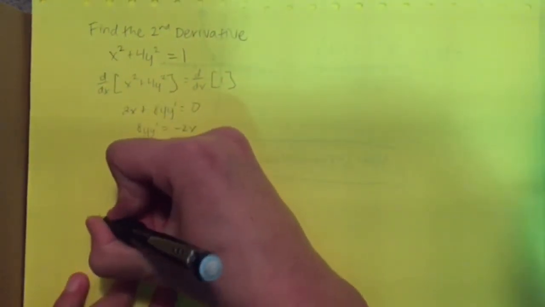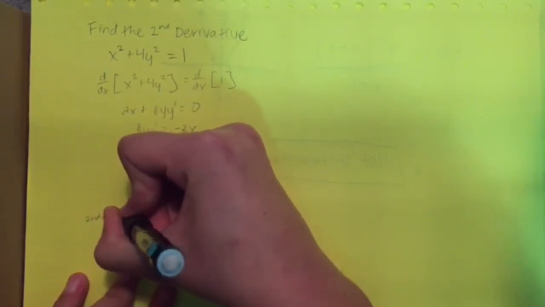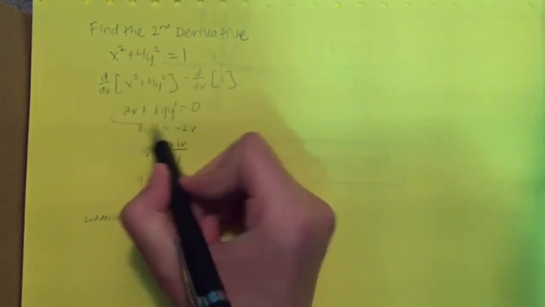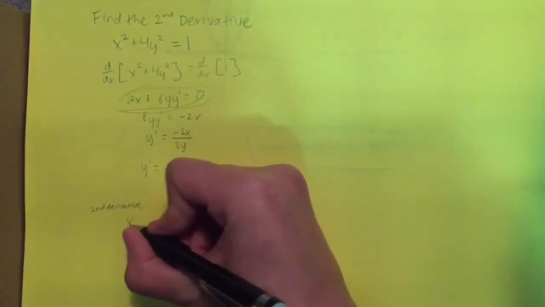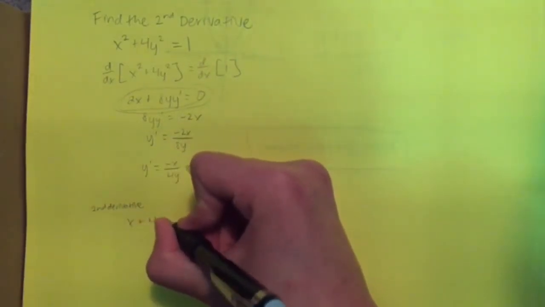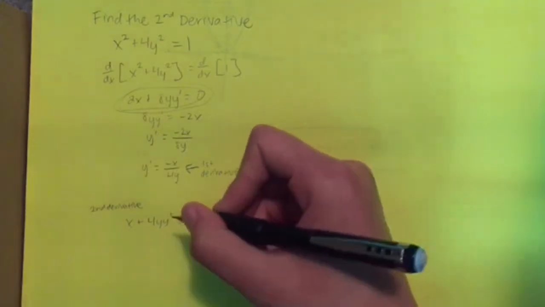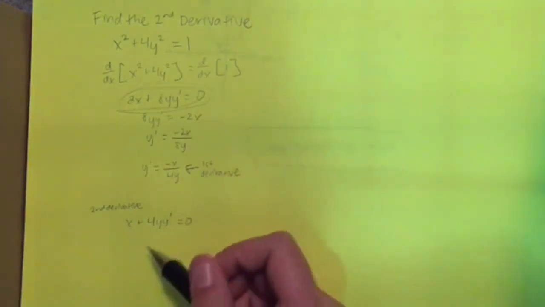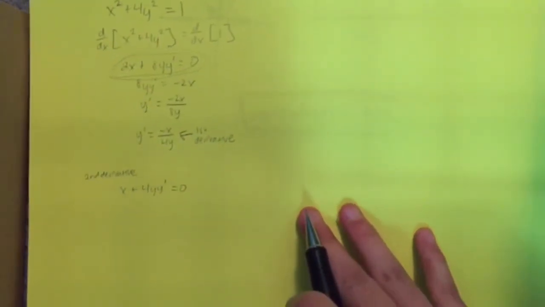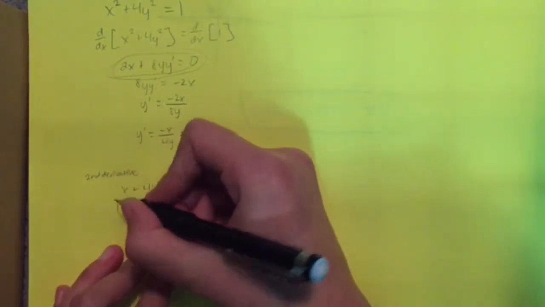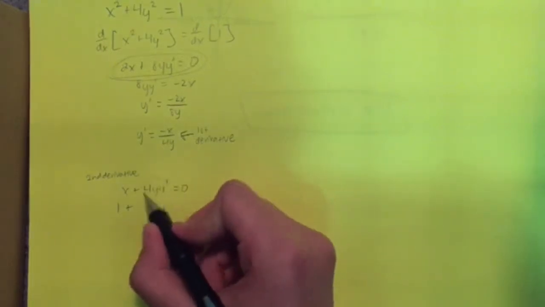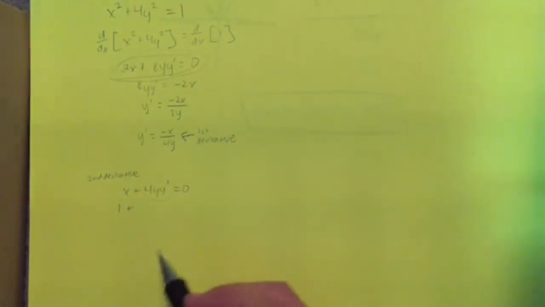And now we're going to solve for the second derivative. To solve for the second derivative, we're going to come back up to this part right here, and we're going to simplify that. So we're going to say x plus 4y y prime is equal to 0. And you're just going to find the derivative of this. So 1 plus, now we have the product rule that we have to use to find the derivative of that term.